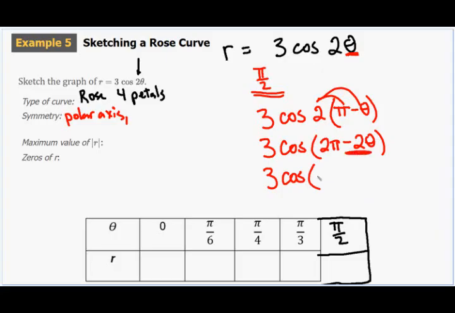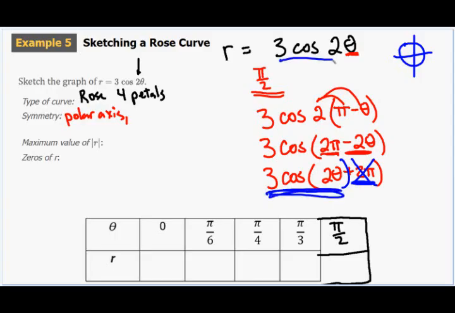Let's put the negative 2 theta first, and then the 2 pi will be a plus 2 pi. Now think back when we were learning about the unit circle. 1 trip around the unit circle is 2 pi radians. So this plus 2 pi means we're just going to do another lap and end up right where we were. So we can ignore the 2 pi. Now here we've got a cos of a negative 2 theta, and once again cosine is even, it's hungry, it's going to eat that negative up, so it's gone. And now we are back to where we originally started. So we also have pi over 2 symmetry.